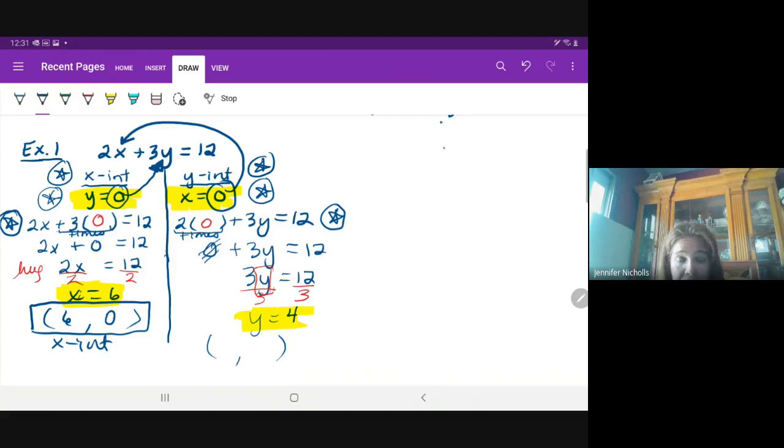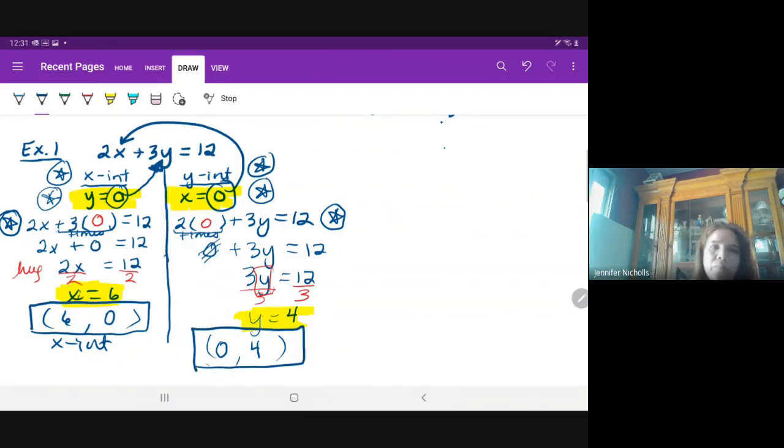So be careful with the letters. What would that coordinate be? Yes, I agree. So 0 for x and 4 for y. Okay, and then we're going to graph it.